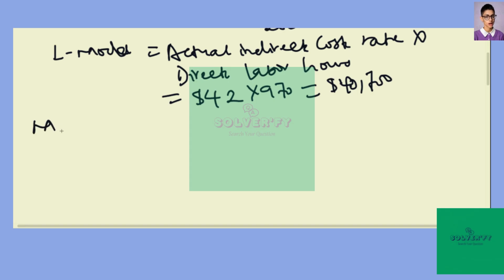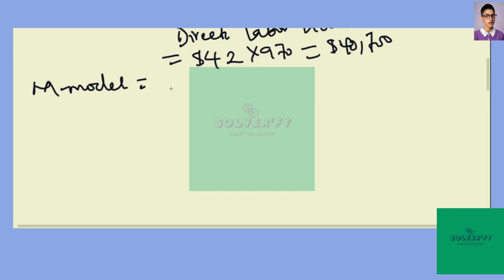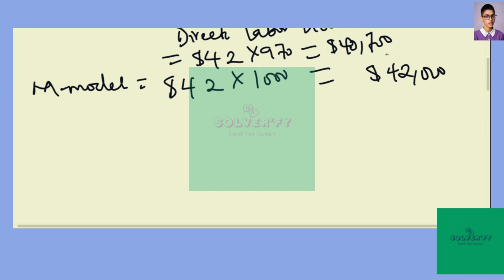Now with the M model, it will be the same formula, and it's $42 multiplied by 1,000, and this is equal to 42,000. So that's the answer.